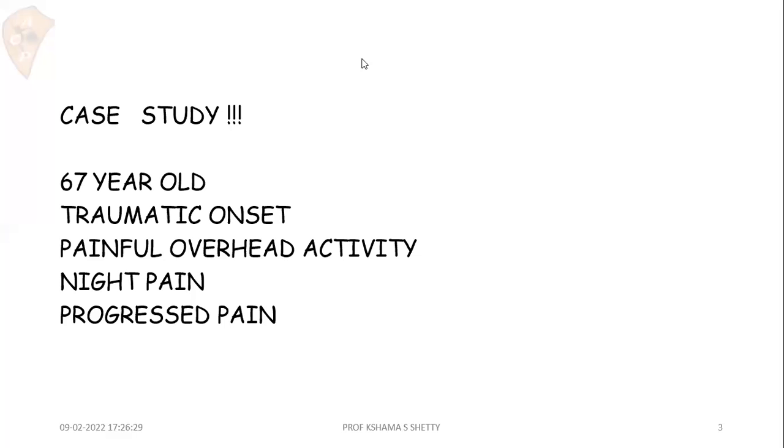If the internal rotation MMT is less compared to your external rotation MMT, that means that person has rotator cuff pathology. Now you have come to an idea that rotator cuff pathology is there. Okay. Now you do your test item clusters for rotator cuff tear or rotator cuff impingement.